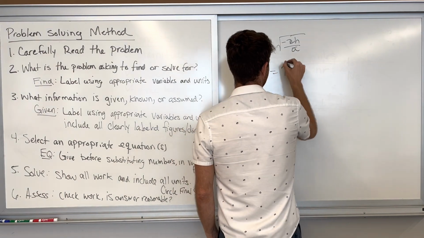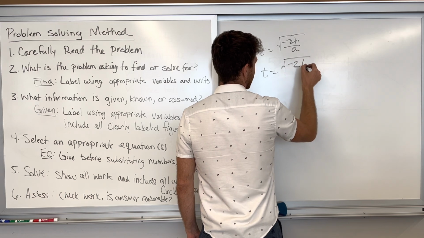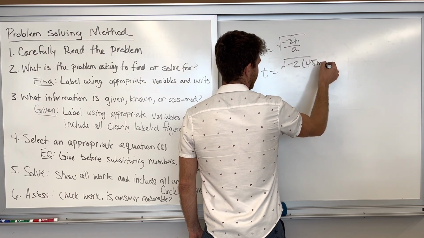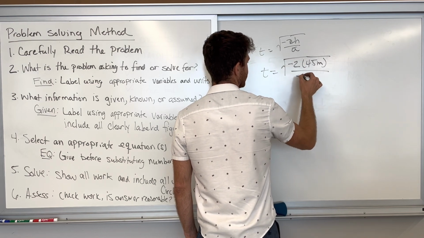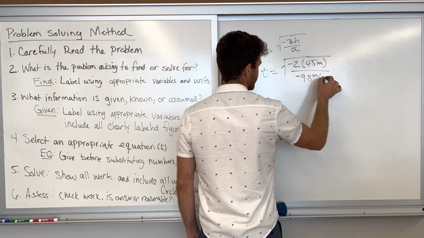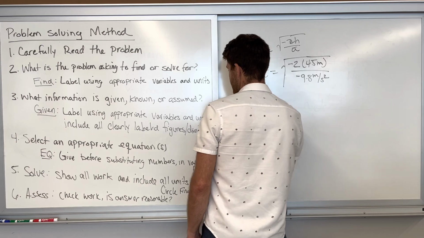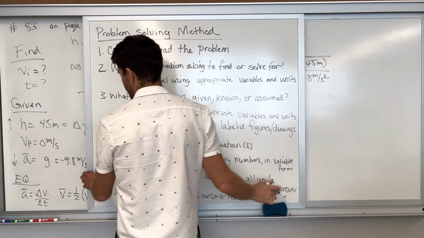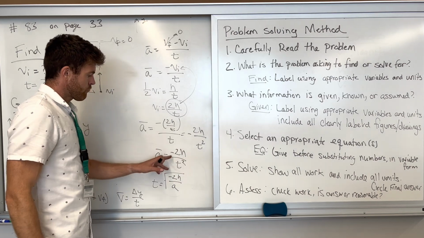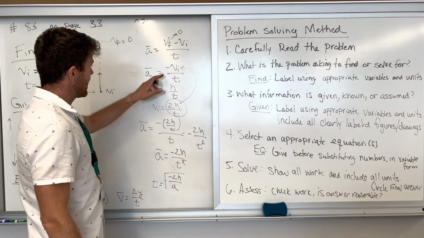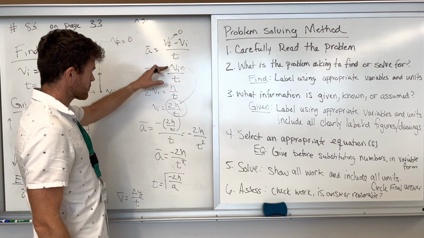T equals the square root of negative 2 times 45 meters divided by our acceleration, negative 9.8 meters per second squared. Once again, we see how the signs of our vectors are important, right? This negative sign was already there.